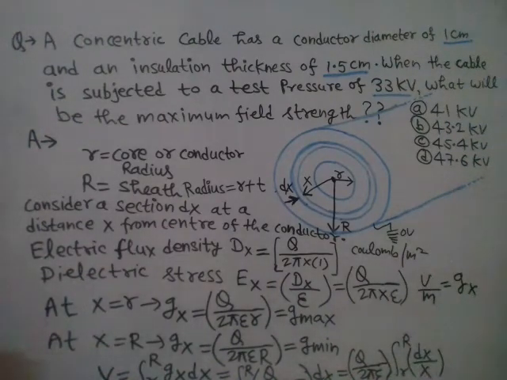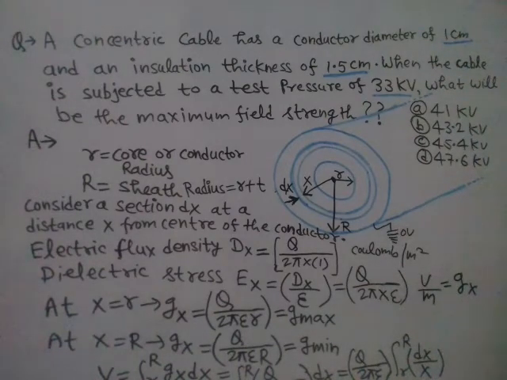So this is nothing but V is equal to q by 2 pi epsilon into ln. This dx by x is ln x. Put the limit small r to capital R, you will get ln capital R by small r.